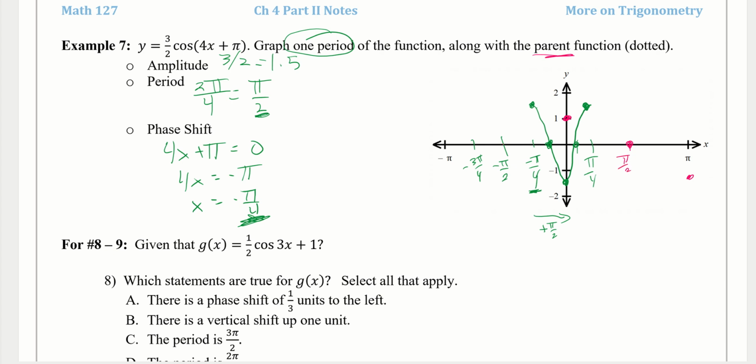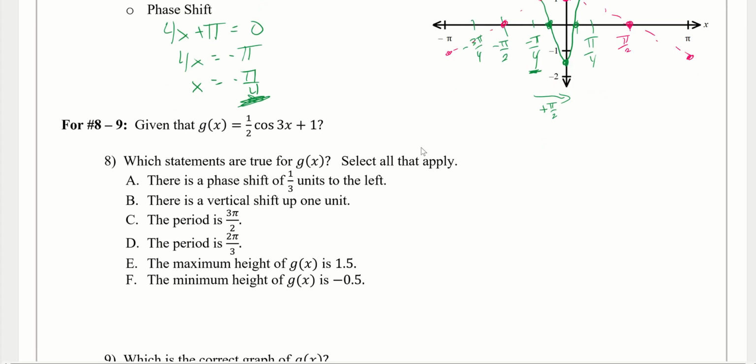So negative pi over 2 is going to be 0, and then negative pi is negative 1. Cool? Okay. Cool. So hopefully that helps you with your graphing right there.